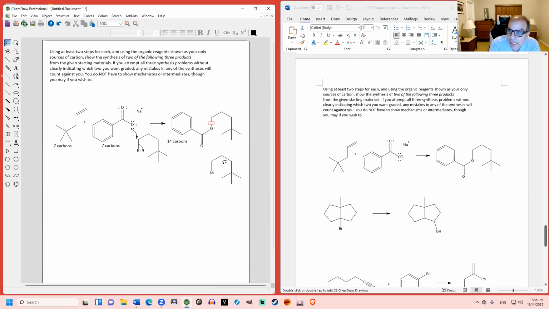We do know how to make a non-Markovnikov alcohol. How do you make a non-Markovnikov alcohol from an alkene? By hydroboration oxidation. So that's a reaction that we know. Can you convert an alcohol into a bromide? Certainly you can. To get the bromide from the alcohol, again, we're working backwards.